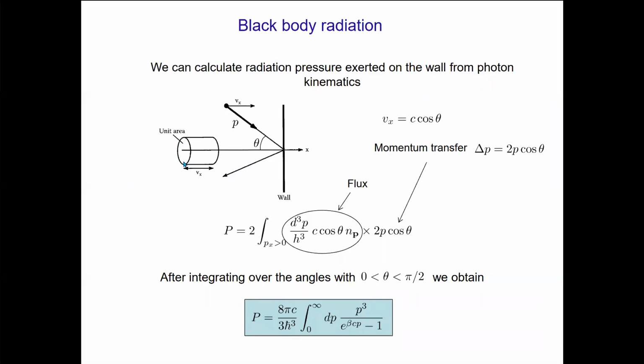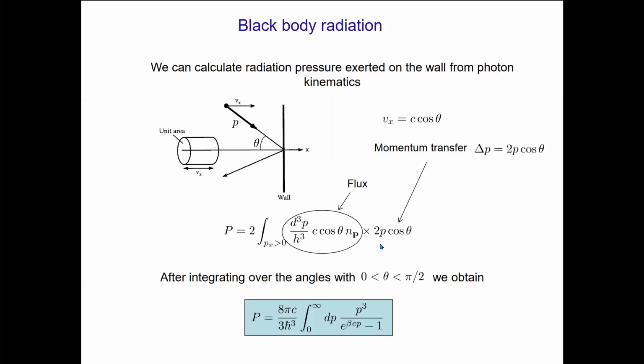We take a small cylinder with a unit area, and we calculate how many molecules reach it in a unit time, and depending on the angle, if this is the horizontal component of the velocity, this is the particle's momentum direction. So there is a momentum transfer towards the wall, and then we can calculate the pressure by integrating the flux multiplied by the momentum transfer. We've done it at least twice before.